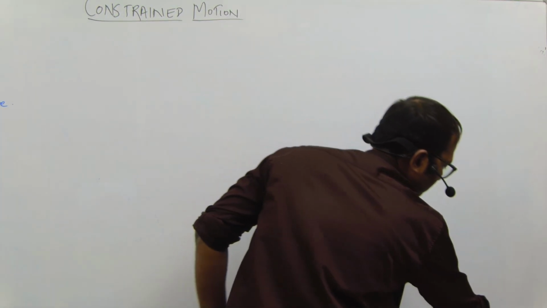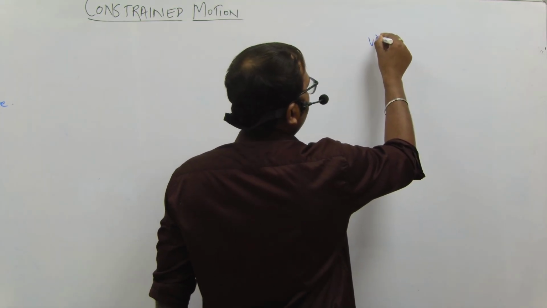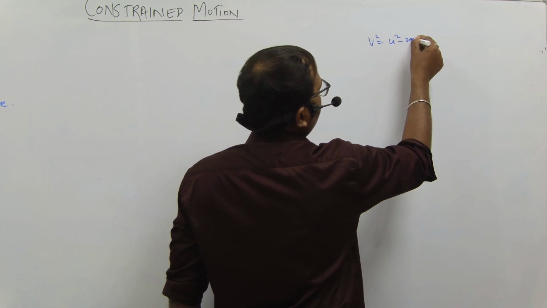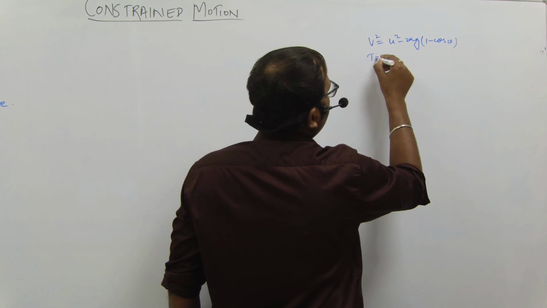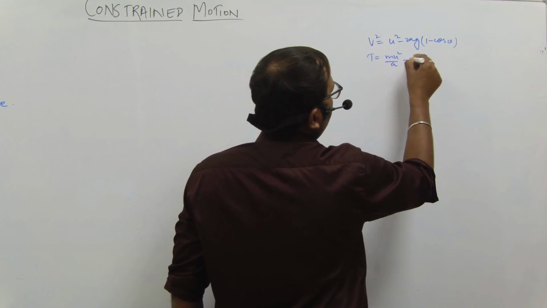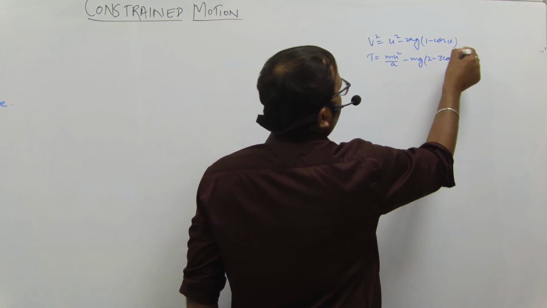So we have velocity is equal to u square minus 2ag 1 minus cos theta. Okay, and tension is equal to mu square upon a minus mg 2 minus 3 cos theta.